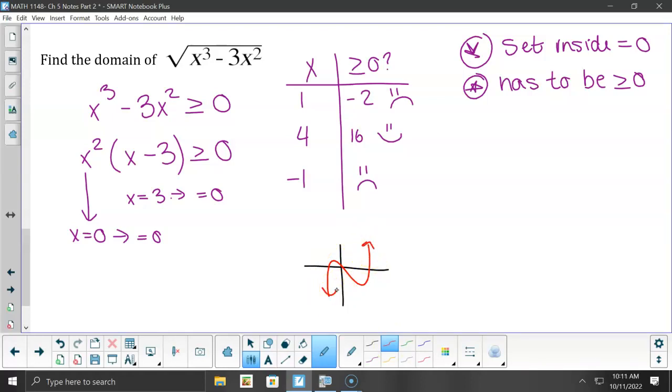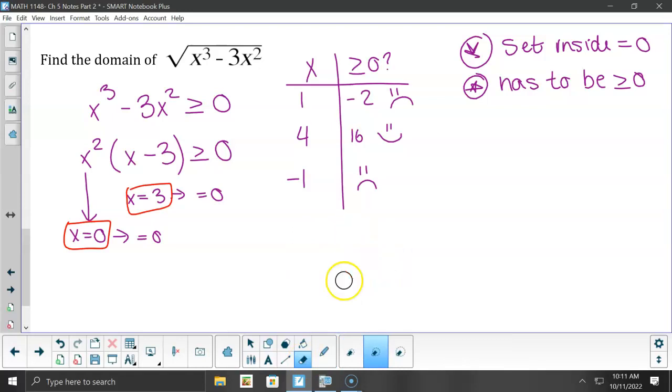Now, I've got a point at 0, 0 where it equals 0. Then I've got another point at 3 where it equals 0 again. And if you think in terms of how this should actually be graphed, I know it's just touching my x-axis at 0, right? So I've got a touch at 0, and I've got a cross at 3.